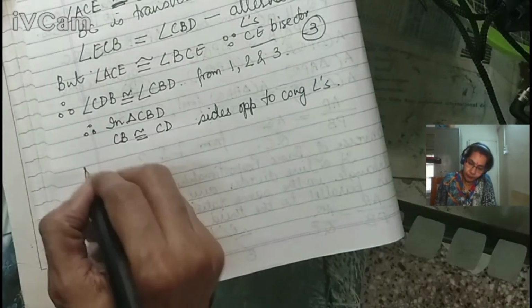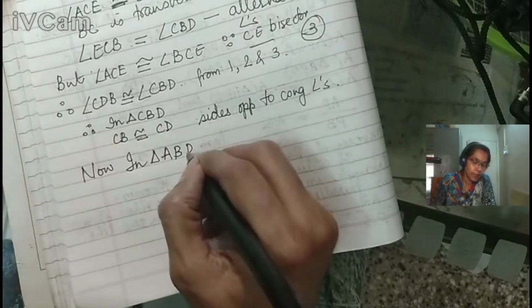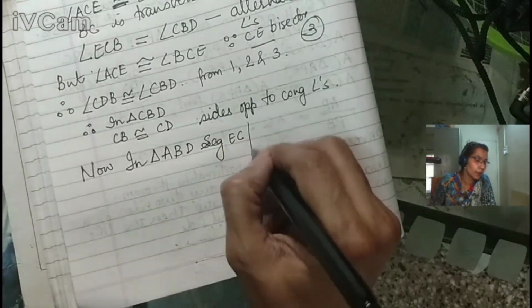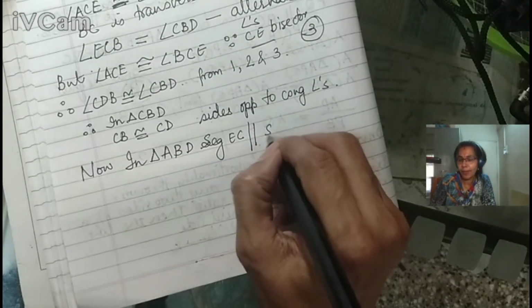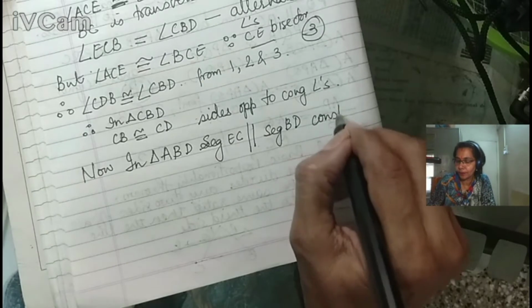Now in triangle ABD, segment EC is parallel to segment BD. It is by construction.